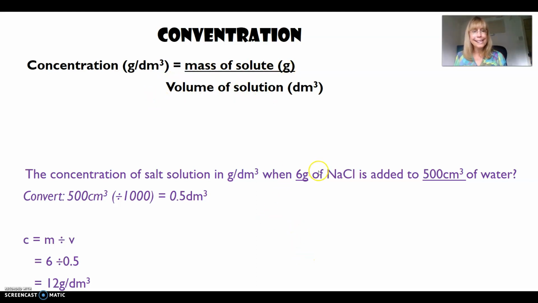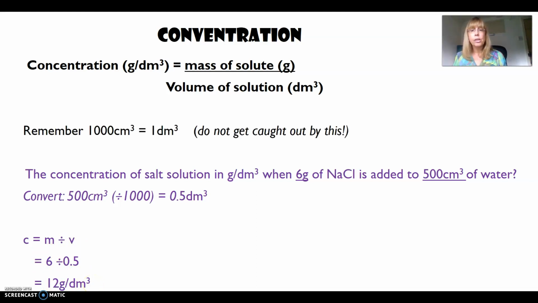So I've got 6 divided by the volume, but the volume must always be in decimeter cubed. So I'm going to convert this by dividing it by 1000 into 0.5 decimeter cubed. Decimeter cubed is the same as liters. Centimeter cubed is the same as milliliters. So formula, substitution, answer with units.